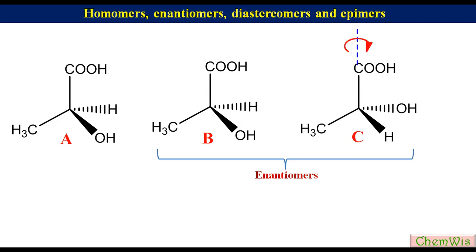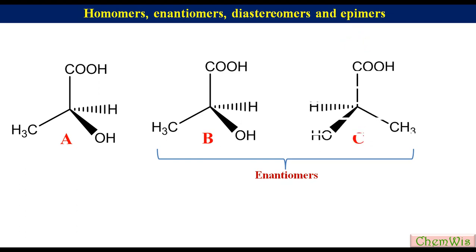If you rotate the structure C about this axis through 180 degrees, then this will look like this. Now, we can see that B and C are non-superimposable mirror images of each other. So, these are enantiomers. Thus, A and C will also have enantiomeric relation.